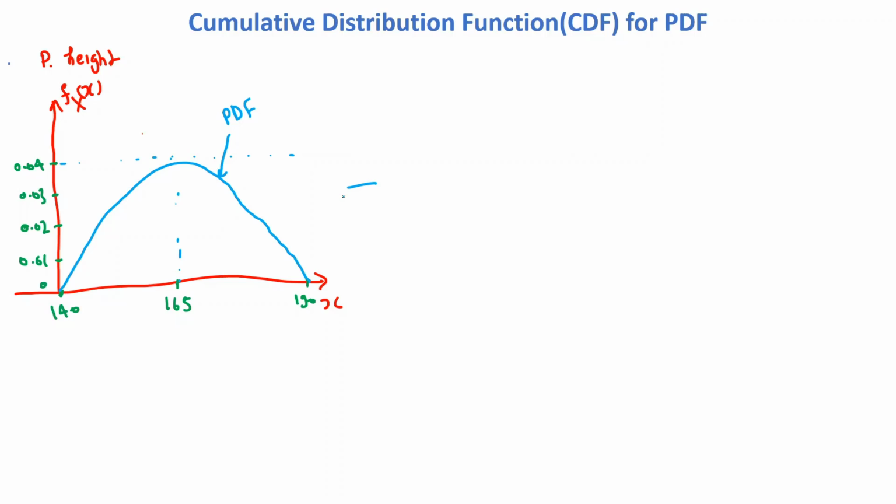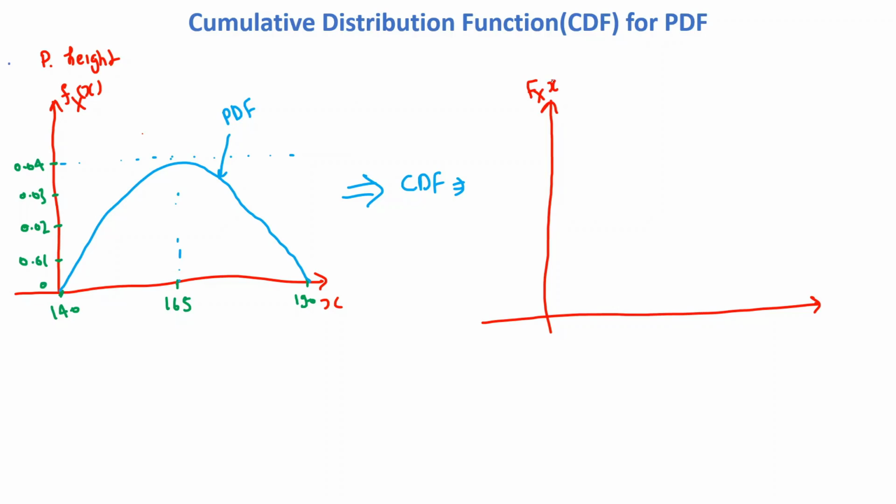So by using that we have to draw the cumulative distribution function here. So let me draw the corresponding CDF value. So we can say this is the capital F of x and this is your x. This is your 165, this is your 190 and this is your 140.